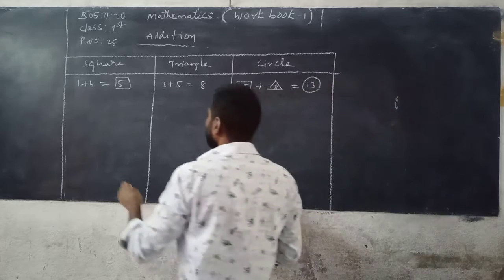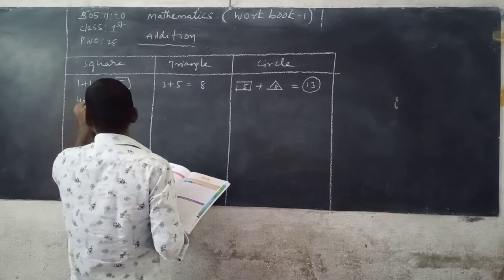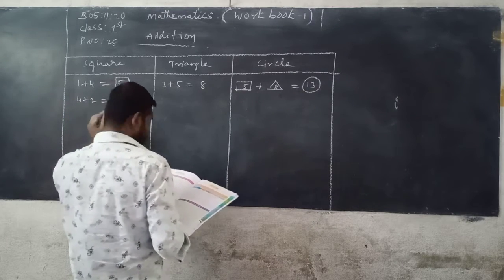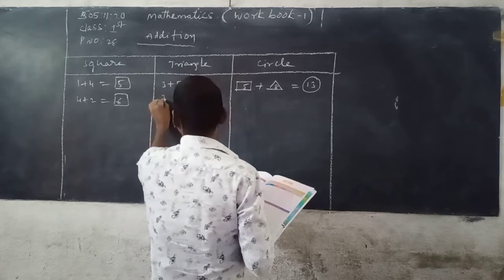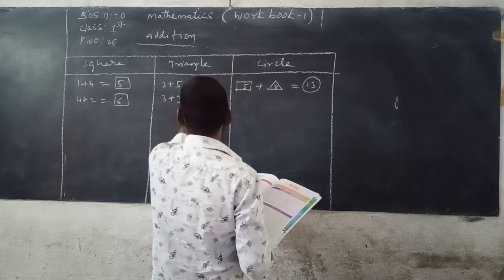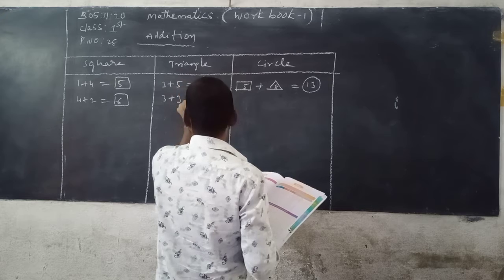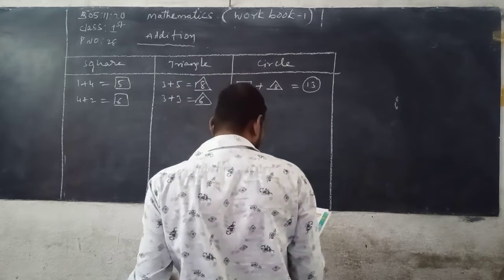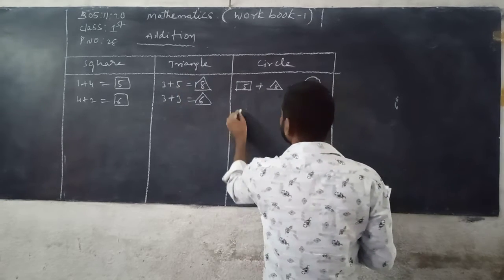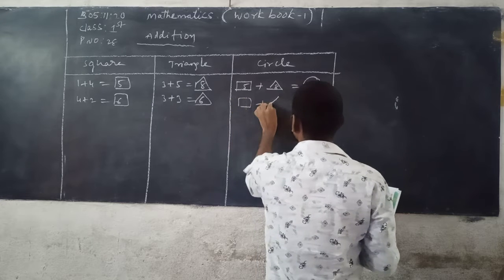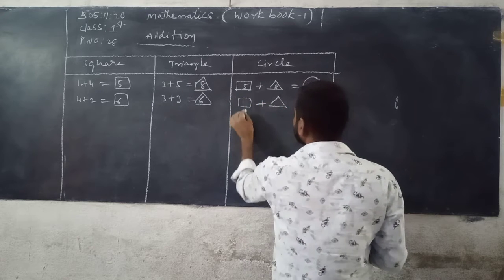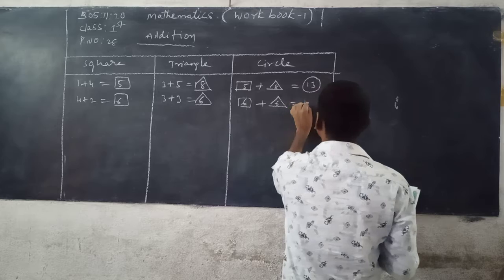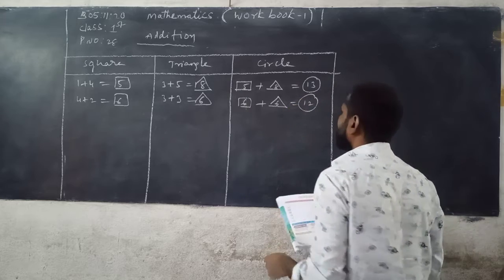Now next, 4 plus 2 you can get 6. 3 plus 3 you can get also 6. Now here, see 6 plus 6 you can get 12, write in circle.